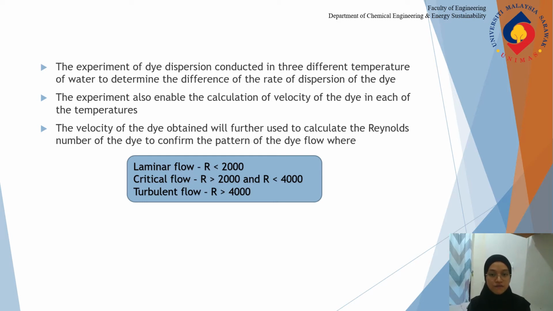The velocity of the dye obtained will further be used to calculate the Reynolds number of the dye to confirm the pattern of the dye flow, where when R is less than 2000, it is laminar flow, and if R is greater than 2000 but less than 4000, it indicates that it is a critical flow. And lastly, when R is greater than 4000, it indicates that it is a turbulent flow.